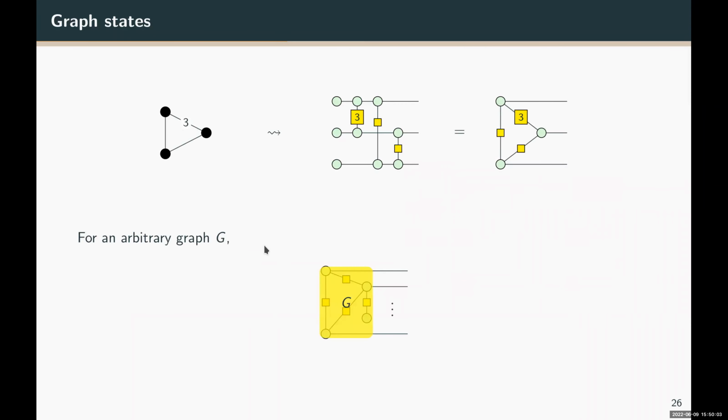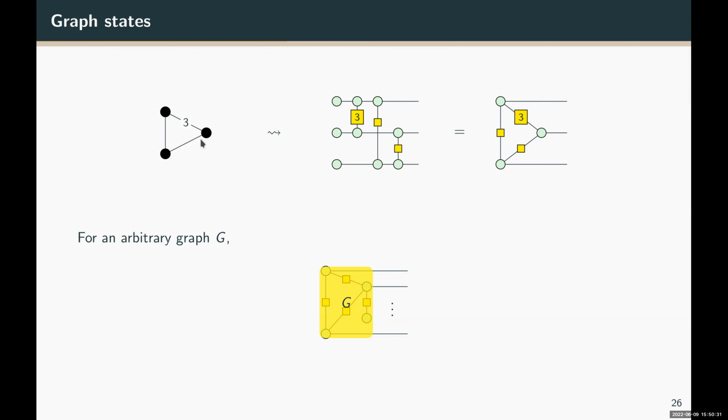Moving on. So these Hadamards can be used to construct a particularly useful set of states in the calculus, which are graph states, exactly the graph states that you would use for MBQC and, say, the one-way model for qubits, and which really generalize the graph states that you have from the qubit case.